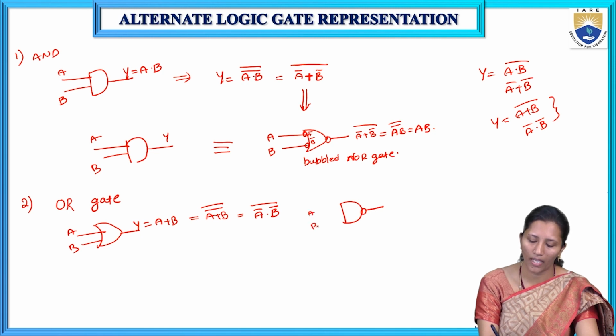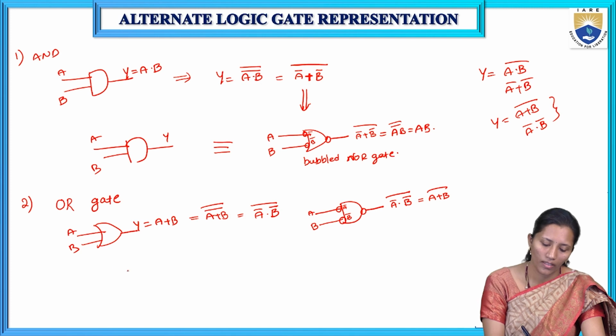We have inputs A and B. To get A bar, we have to give one bubble, that is, we are inverting the A input. So internally it takes A bar and B bar as inputs. We can write that as (A bar, B bar, NAND operation) whole bar, which is equivalent to A plus B.